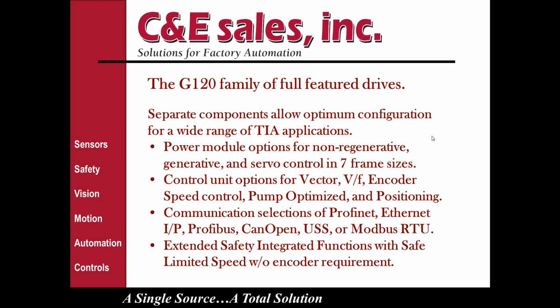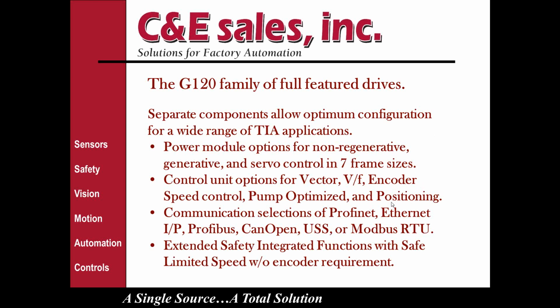This is really useful for applications where you have deceleration of loads that would typically be handled by putting a braking resistor on the drive, dumping that power out as heat in the environment. Now we can put that back out as incoming line voltage. And the G120 family is geared to provide that in the higher end power modules.